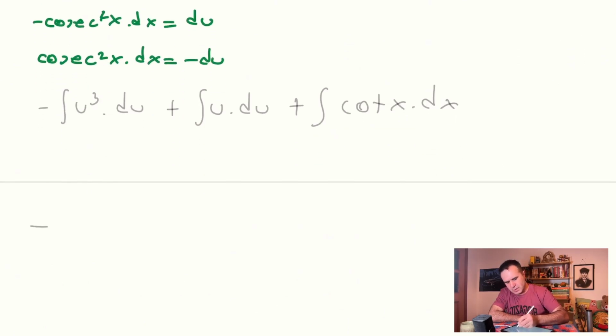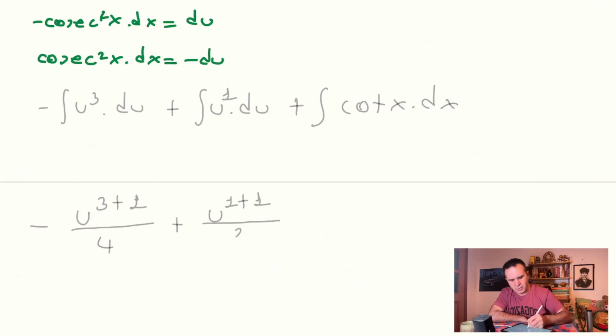Minus. To integrate this, we add 1 to the exponent. The exponent becomes 4 and we divide by 4. For the other, our exponent is 1, so we add 1 to the exponent and divide by 2. Then the integral of cotangent x dx.